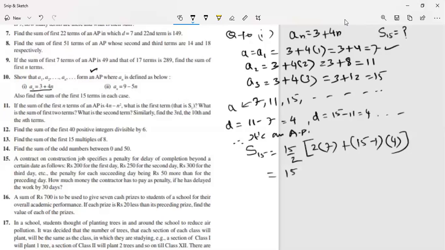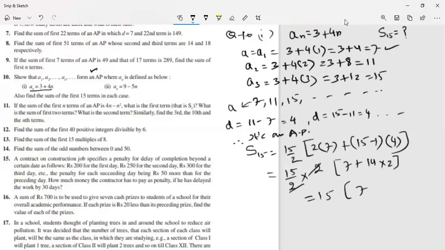So 15 by 2, and you can take 2 common. So 7 plus, here it will become 14, and out of 4, 2 is taken out, 2 is left. 15 by 2 into 14, here 15 is left.